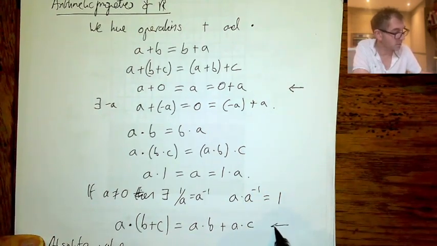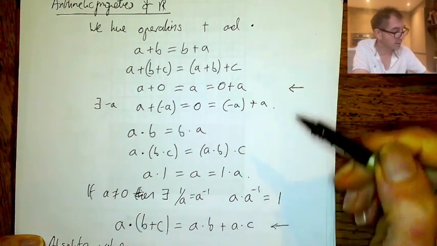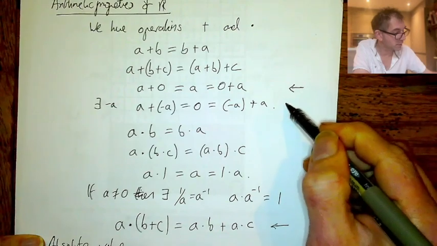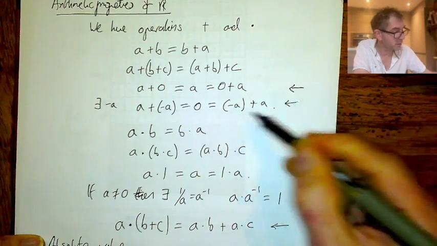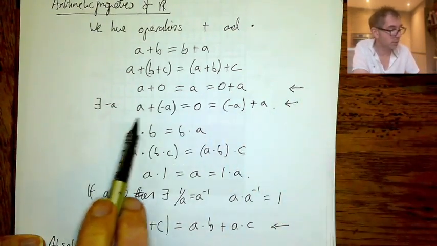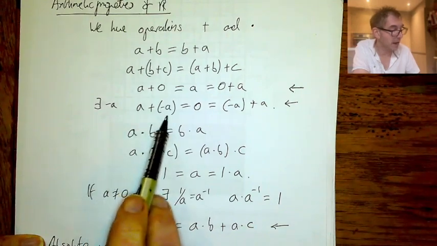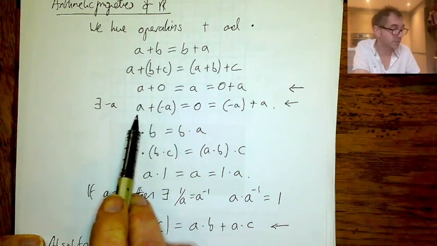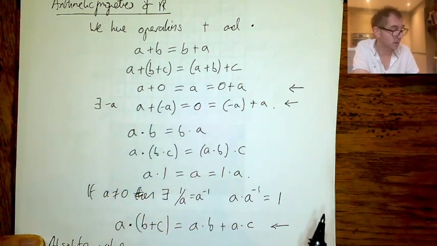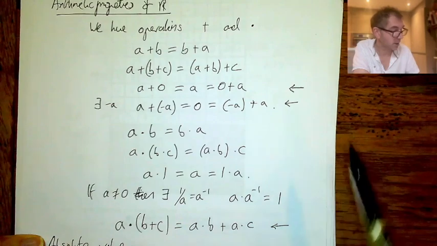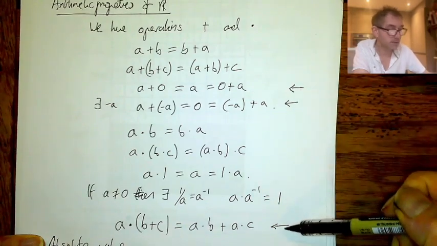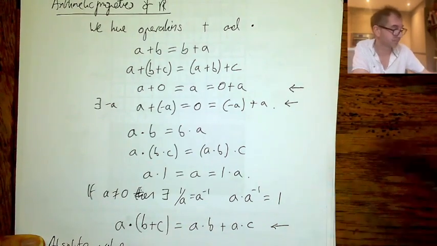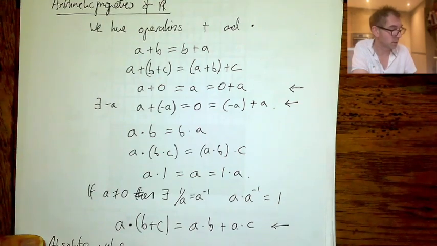I'm going to use the distributivity property, and I'm going to use this one here. So this is the existence of an additive inverse, the thing that you need to add to any number to get back to 0. So just from these three things, I'm going to be able to prove that x times 0 is always 0.